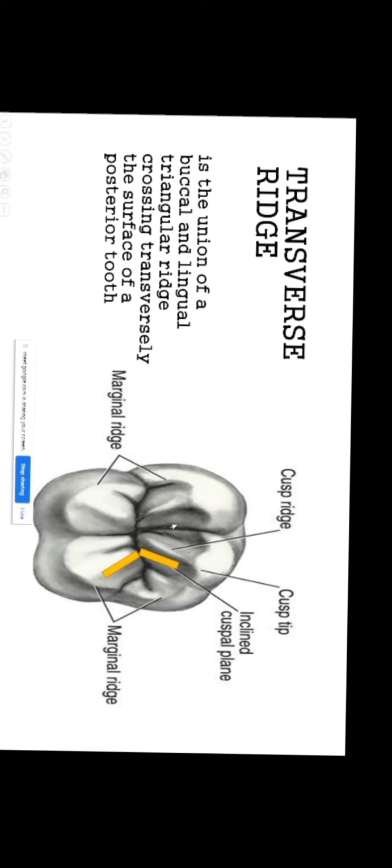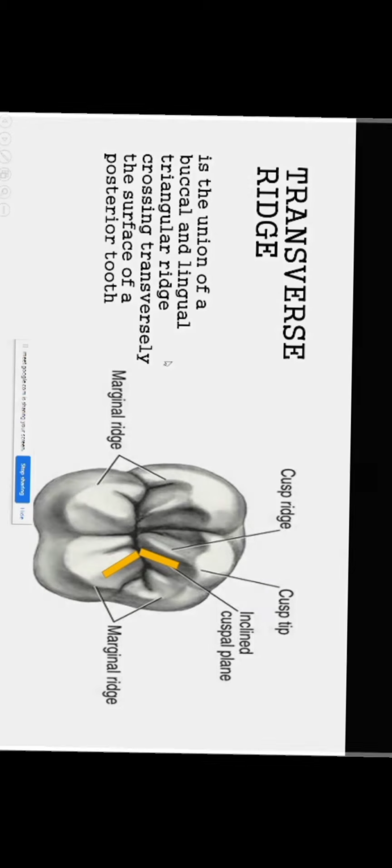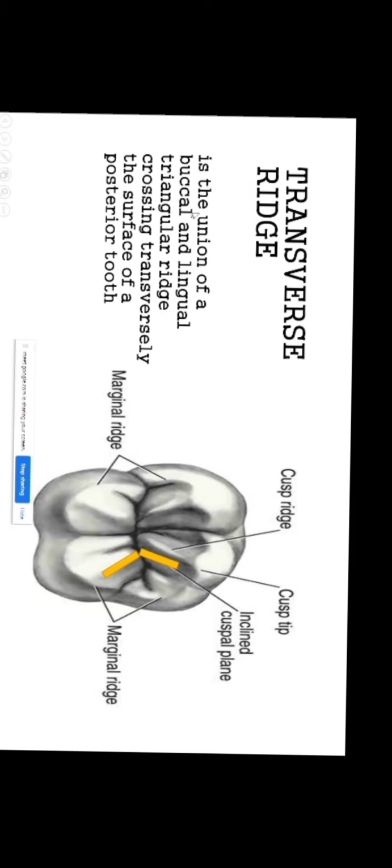This is one triangular ridge, from the tip of the cusp going to the center. If you combine the two, they meet. Combined, that's a transverse ridge. Again, a transverse ridge is a union of the buccal and lingual triangular ridge.